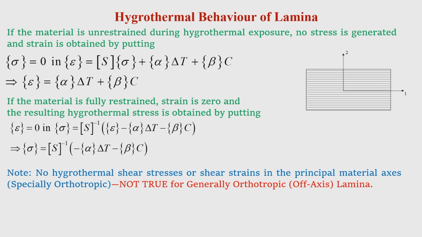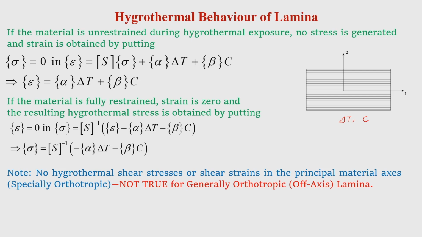Now, suppose we have a lamina, and it is unrestrained, that means it is free, there is no restraint here, and it is subjected to, say, delta T and C. If it is free, that means there is no stress.